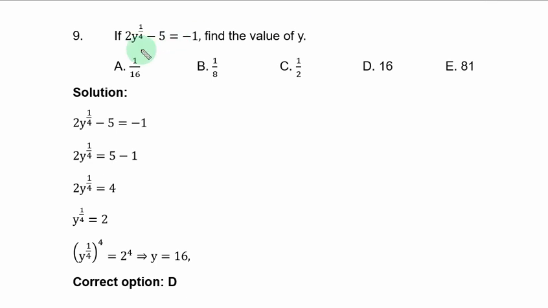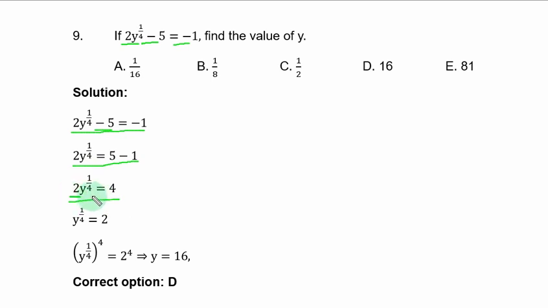Question 9. If 2y to the power of 1 over 4 minus 5 is equal to minus 1, find the value of y. This is the given problem. Let us collect like terms by transferring minus 5 to the right hand side. You have this result. If you subtract on the right hand side, you have this result.